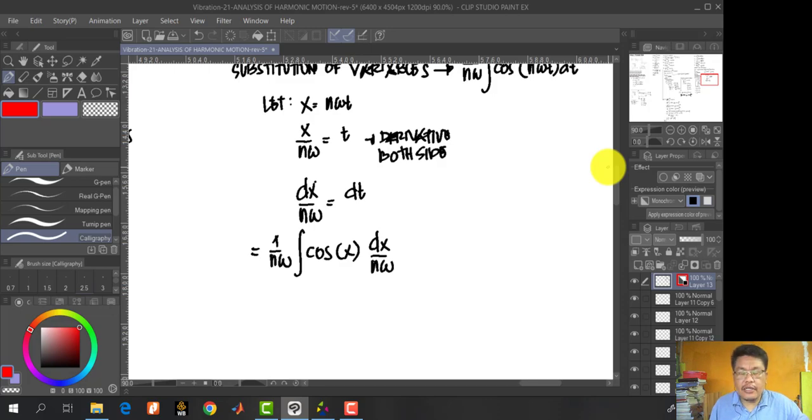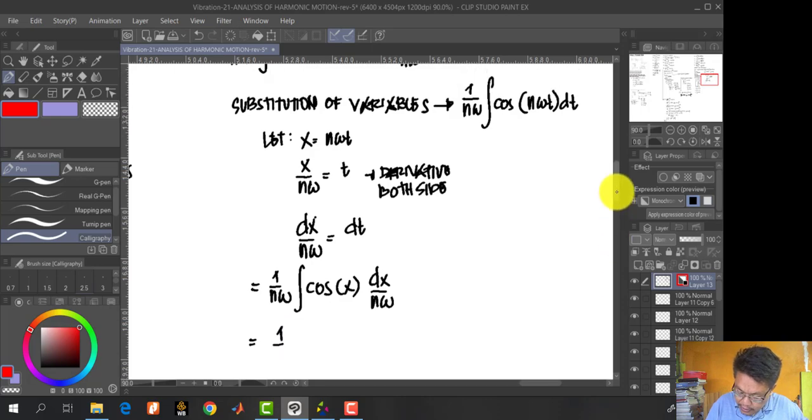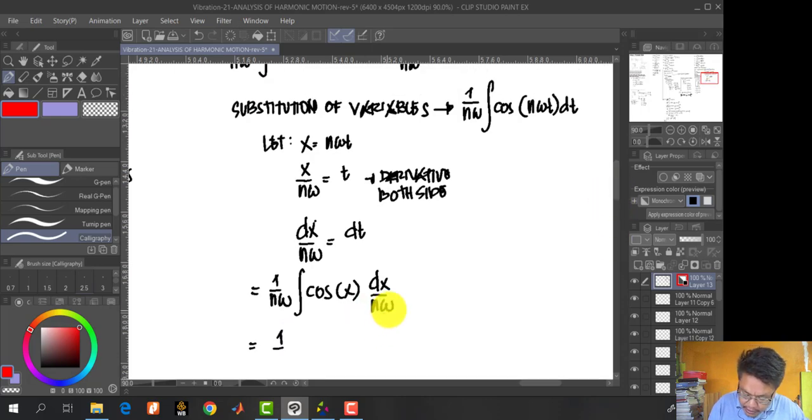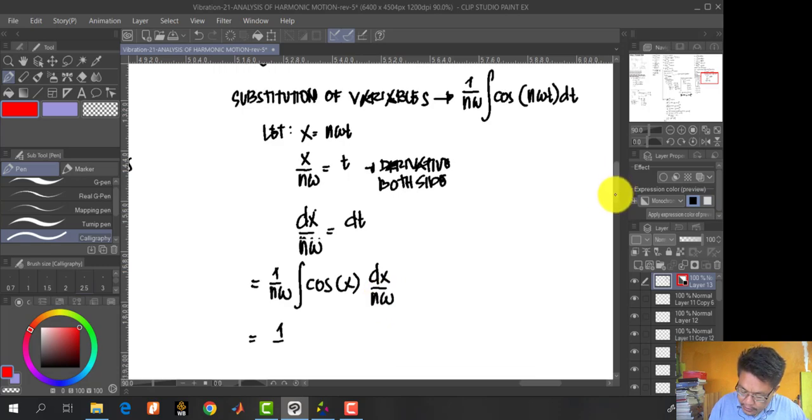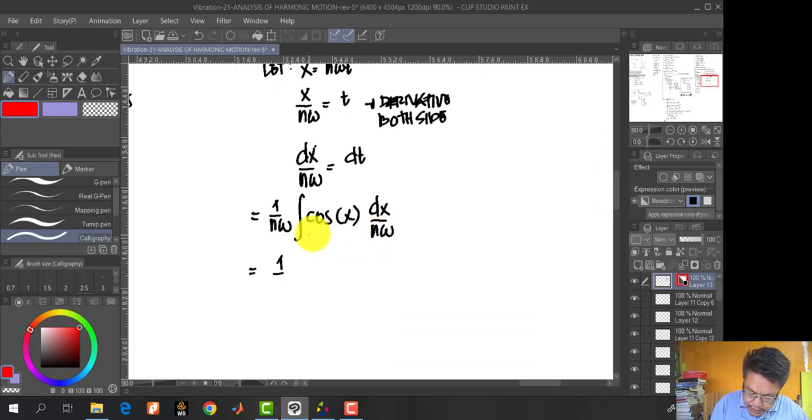That's the substitution of variable. It's easy, it does not have to be complicated. Those are just the operations you need to remember. Notice that we now have a constant. Usually, if there's a constant in our integration, we take it out. So I'm taking this out, and it will be squared already.